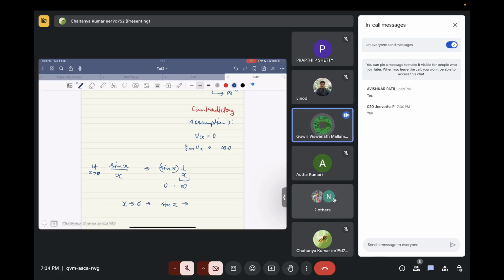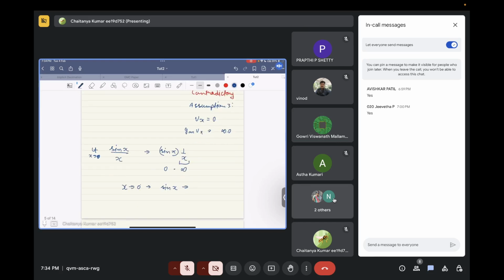I don't know, sir. Okay, through trigonometry, if x is tending to 0, sin x is approximately equal to x. You can see it in the graph as well. The graph of sin x goes like this, right?